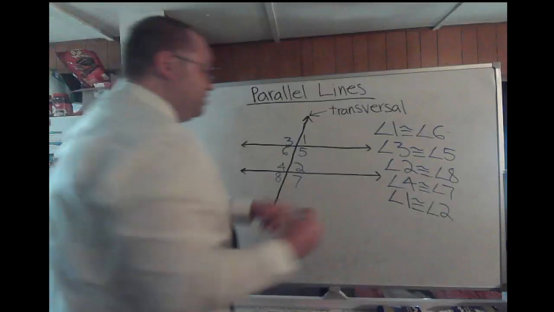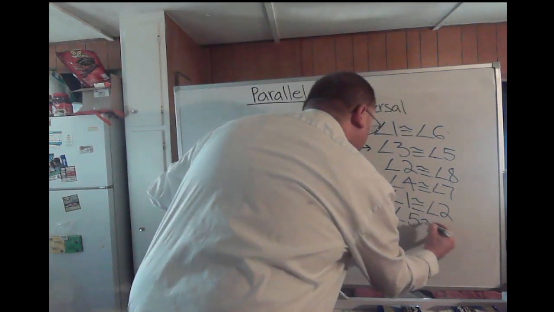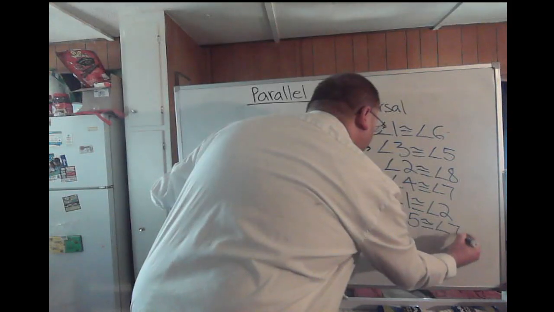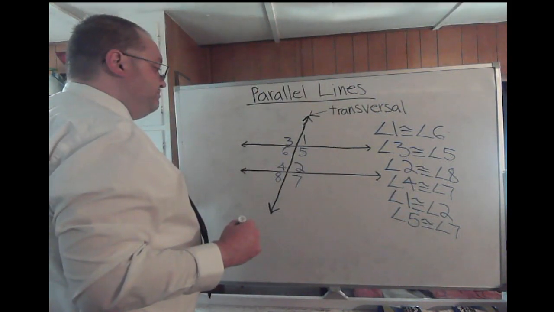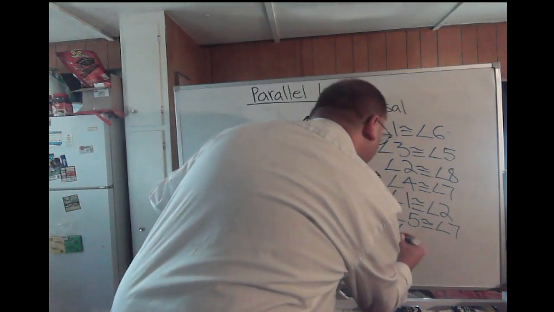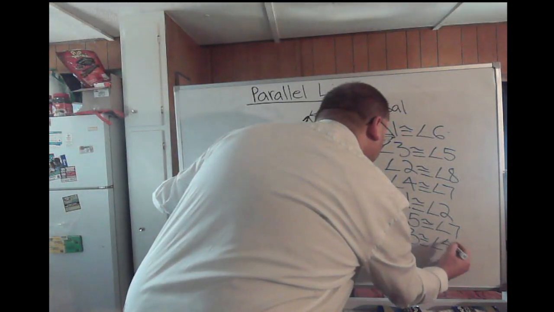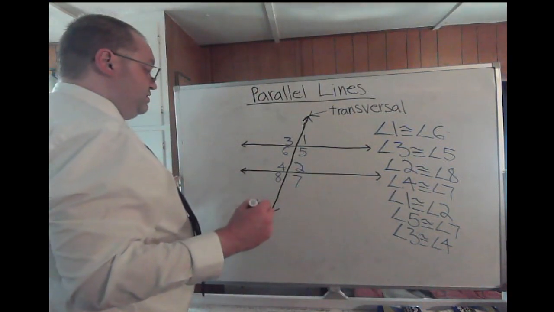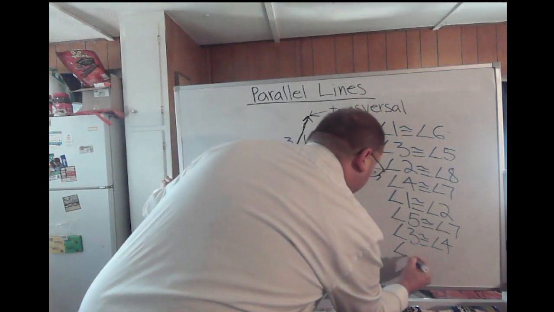Angle 5 would be congruent to angle 7. And what else here? Angle 3 would be congruent to angle 4. What else do we have here? For corresponding, angle 6 would be congruent to angle 8.